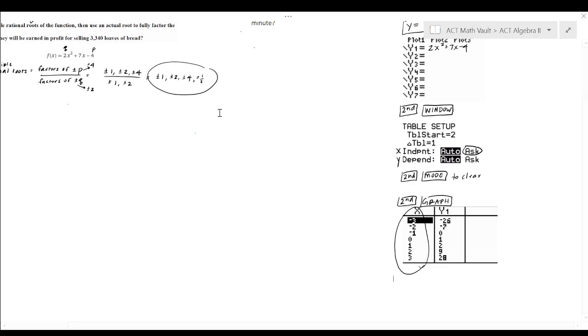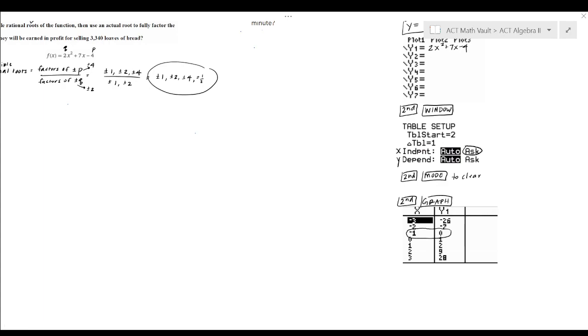And what I am looking for in my list is some point that has a 0 as the y, because that would tell me where my zeros are on the graph.